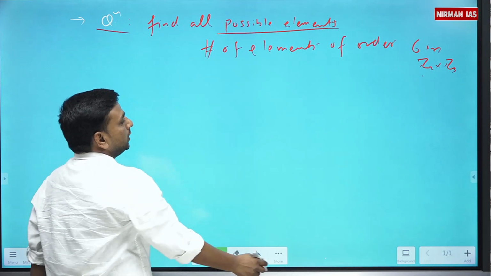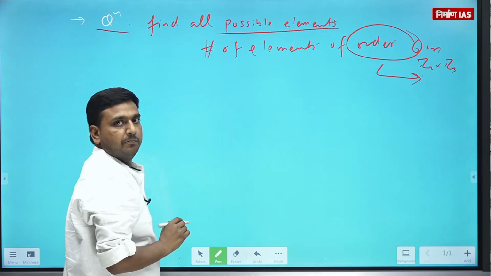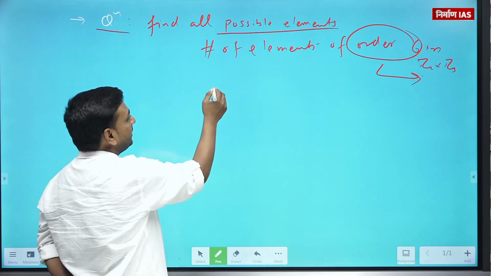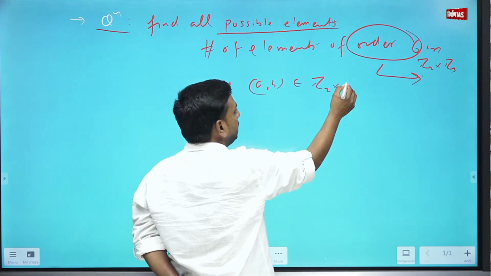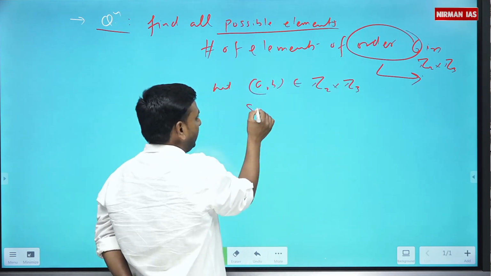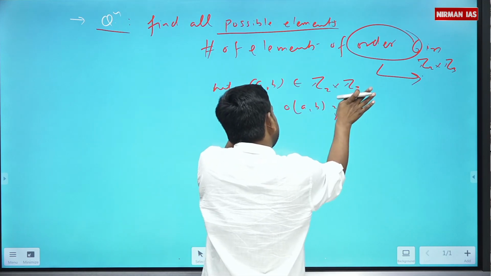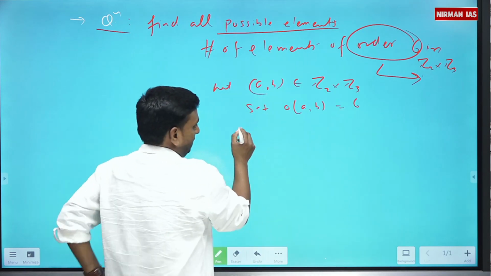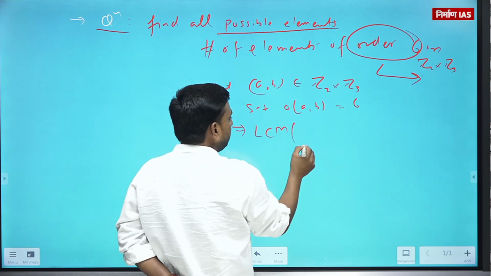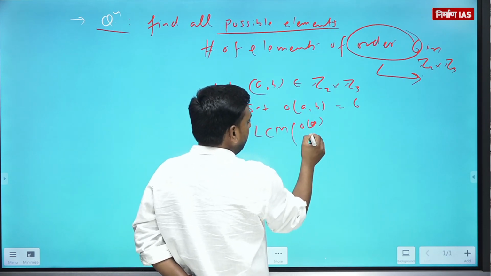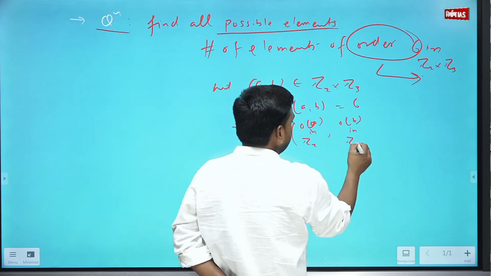I want to know how many elements of order 6 this group has. So let (a, b) be some element of Z2 cross Z3 such that the order of (a, b) in Z2 cross Z3 is 6. The order of (a, b) is nothing but the LCM of the order of a in Z2 and the order of b in Z3.